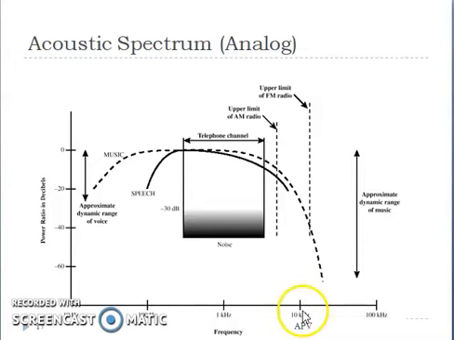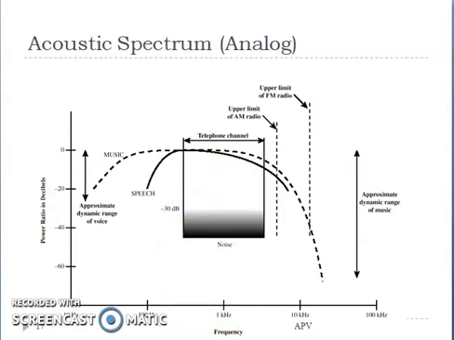Within 100 Hz to 10 kHz, the maximum amplitude is in the range of about 200 Hz to 1 kHz. So 100 Hz to 10 kHz is the absolute bandwidth, within which the maximum amplitude is for approximately 200 Hz to 1 kHz.